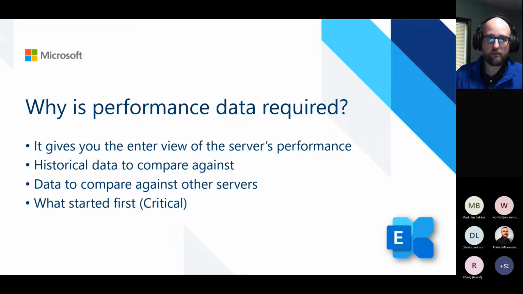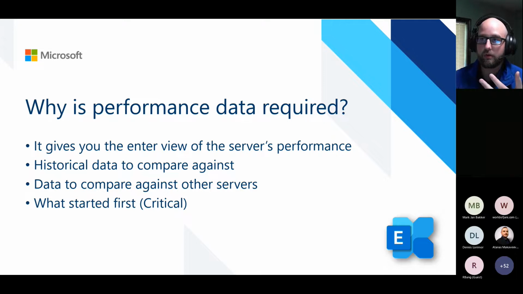A good example of what came first is if you have an issue that's experienced on all of your servers at the same time. Typically, that's caused by either a mailstorm of some type, whether it be a single large message or something along those lines, getting sent to the environment. And when we do that, we're trying to deliver that message basically at the same time, which can cause high CPU.